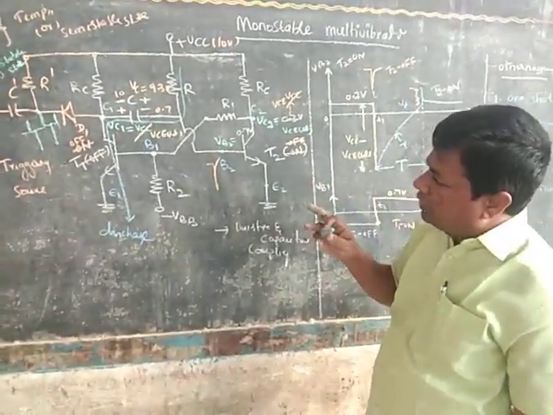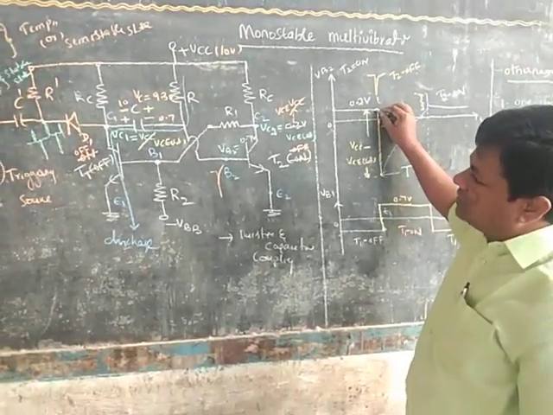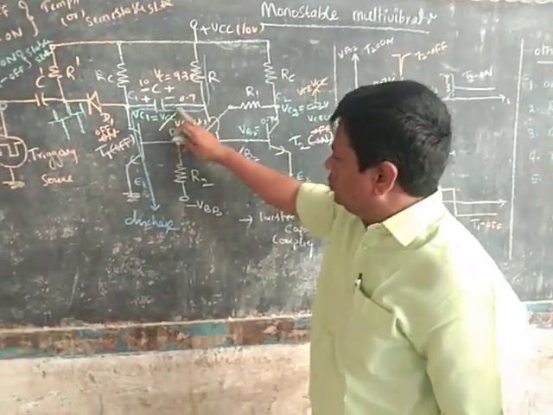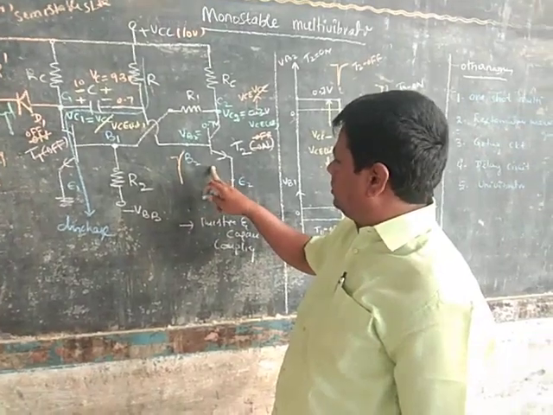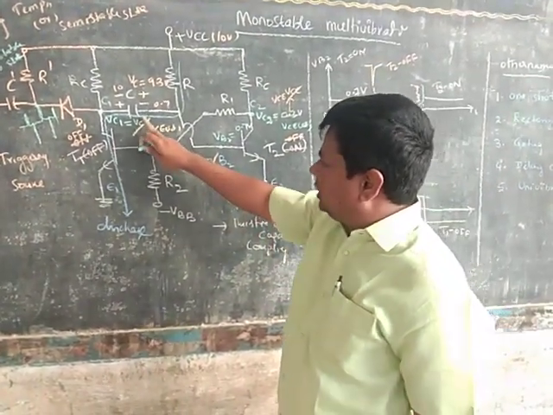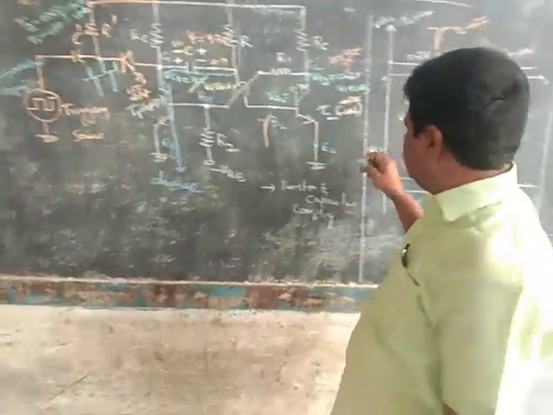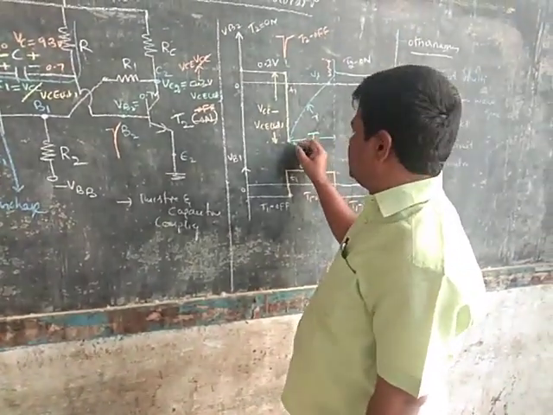For a negative going triggering signal, diode D1 is on. Immediately this large negative voltage is applied to the base of the T2 transistor. For sudden change, the capacitor is a short circuit. Whatever may be the change, the same change appears at the base of the Q2 transistor.